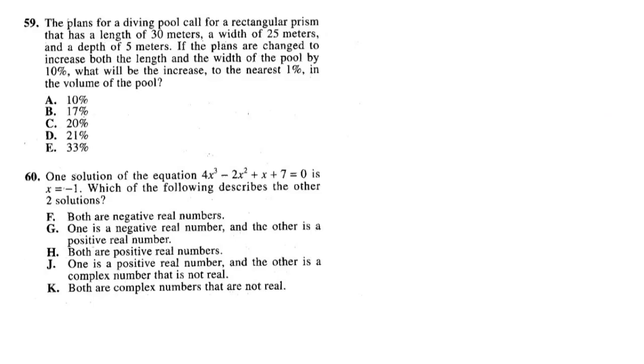Okay, number 59, the plans for a diving pool call for a rectangular prism. And so I'm going to give my best shot at a rectangular prism. So if we have this rectangular prism, and notice that we're going to talk about volume.